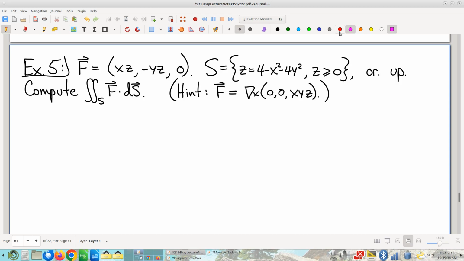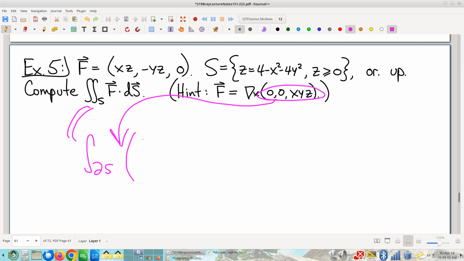So let's see. Stokes's theorem tells me again right off the bat that I can compute this as a line integral over the curve, specifically the boundary of our surface, of the anti-curl, 0, 0, XYZ.